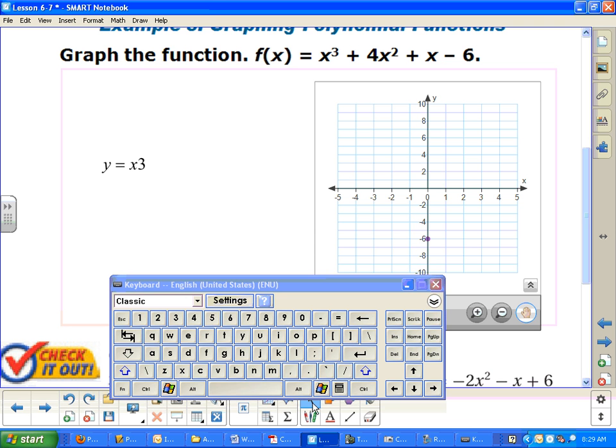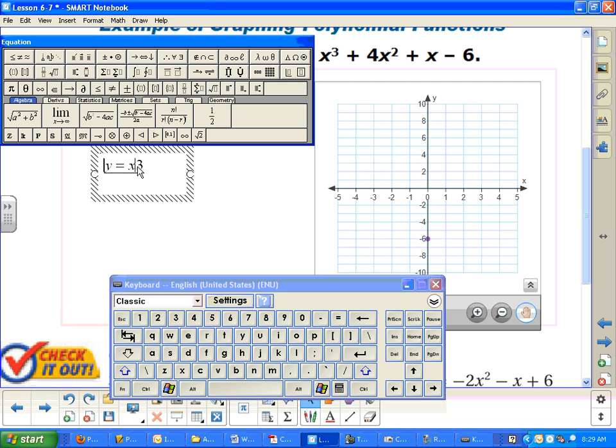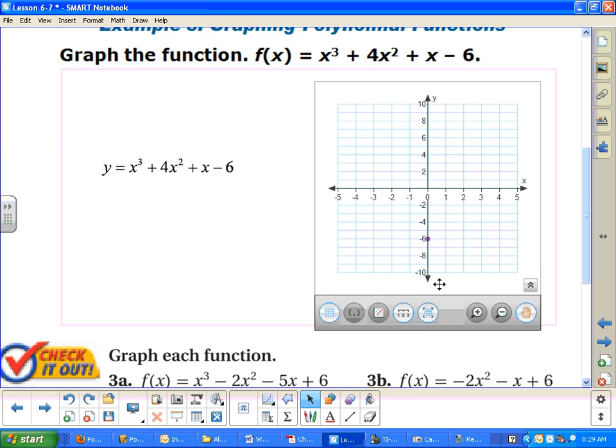It doesn't like me. Okay, you got your graph, and your graph looks like, oh, come on, what'd you do that for?